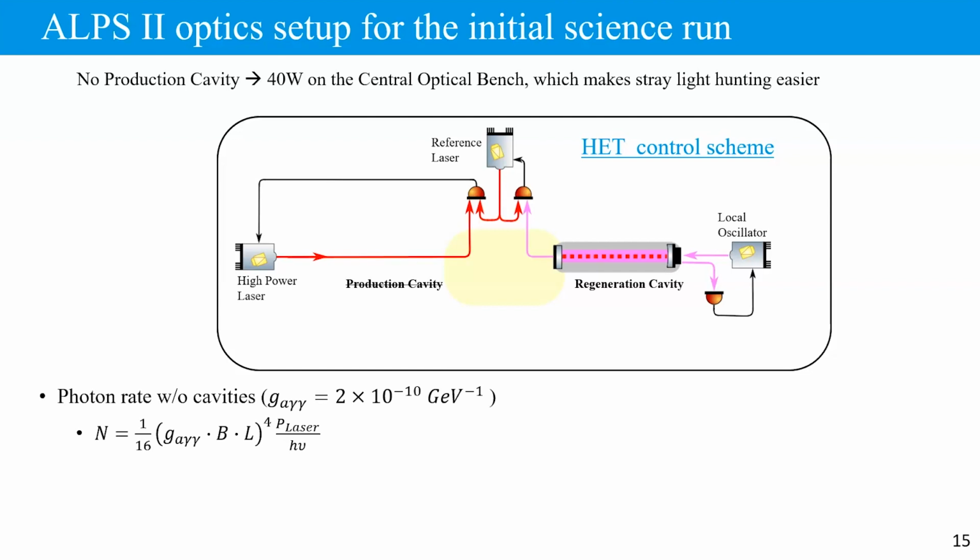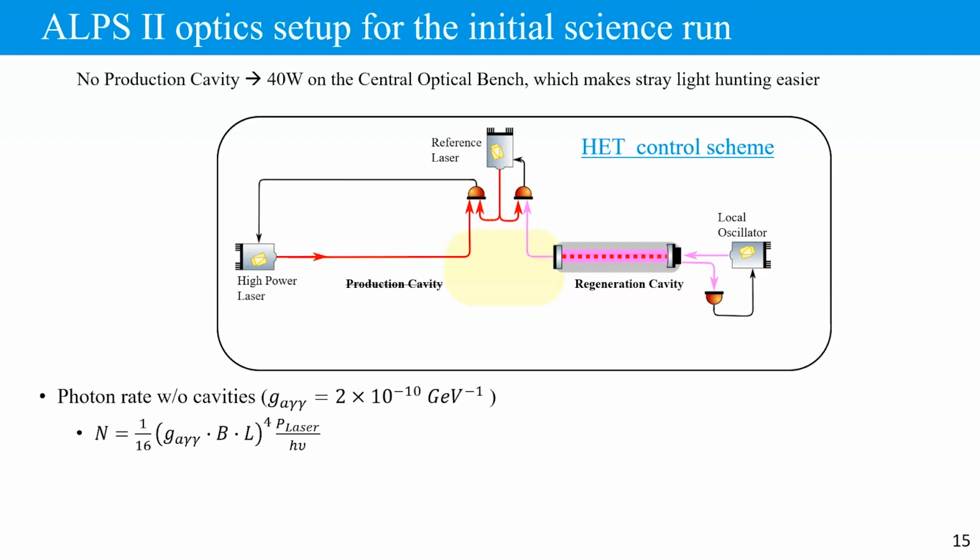Another modification is that instead of aiming for a g_aγγ of 10 to minus 11, we slightly reduced that to 10 to minus 10. And this is due to the fact that we are dealing with stray light. So stray light is the limiting factor for the g_aγγ parameter.